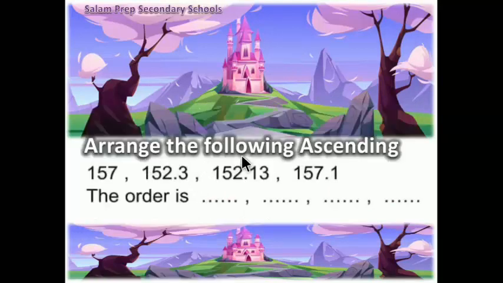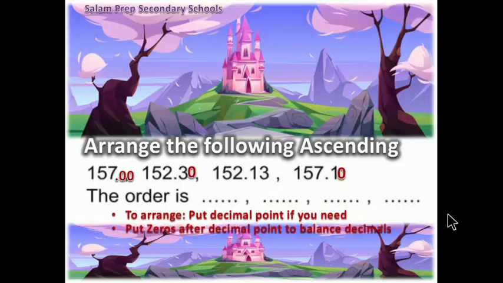Arrange the following ascending. There are decimal numbers. We need to balance all numbers to order them like this. Please put zeros to balance the decimal numbers. To arrange, put decimal point if you need.